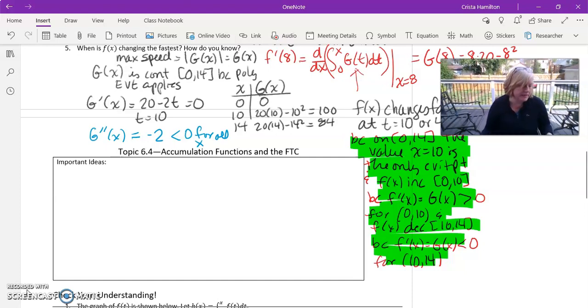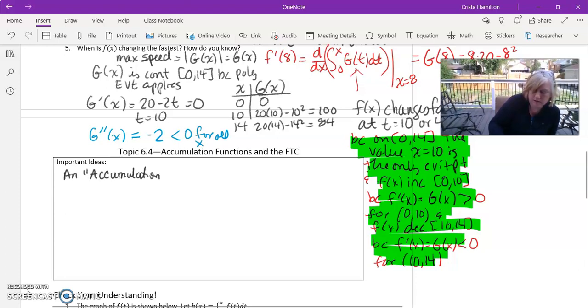All right, so let's finalize what the main points are. There are many parts to the fundamental theorem of calculus, and this is just the first part of understanding what's going on with it. The first thing is this idea that we have an accumulation function, and that accumulation function, which we've been working with all along, outputs the net area.